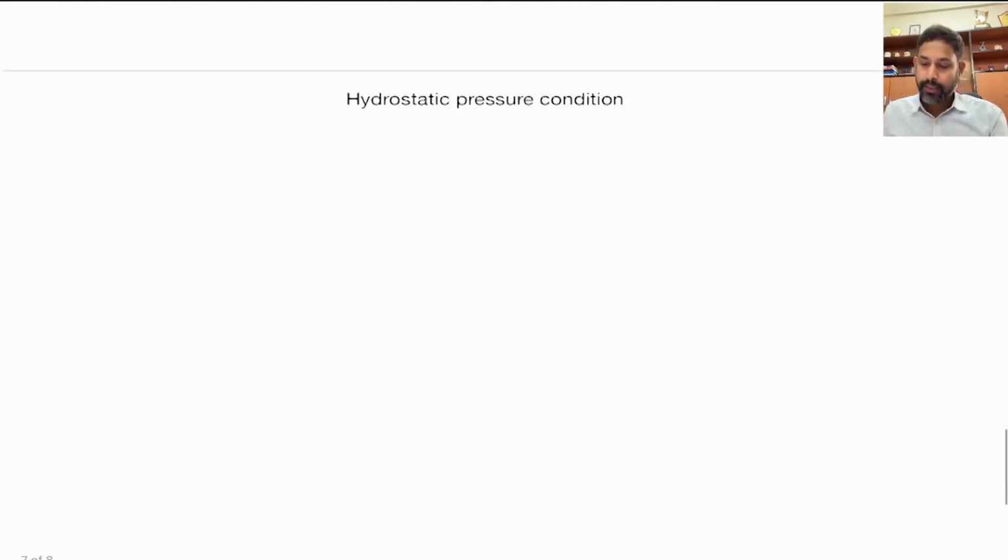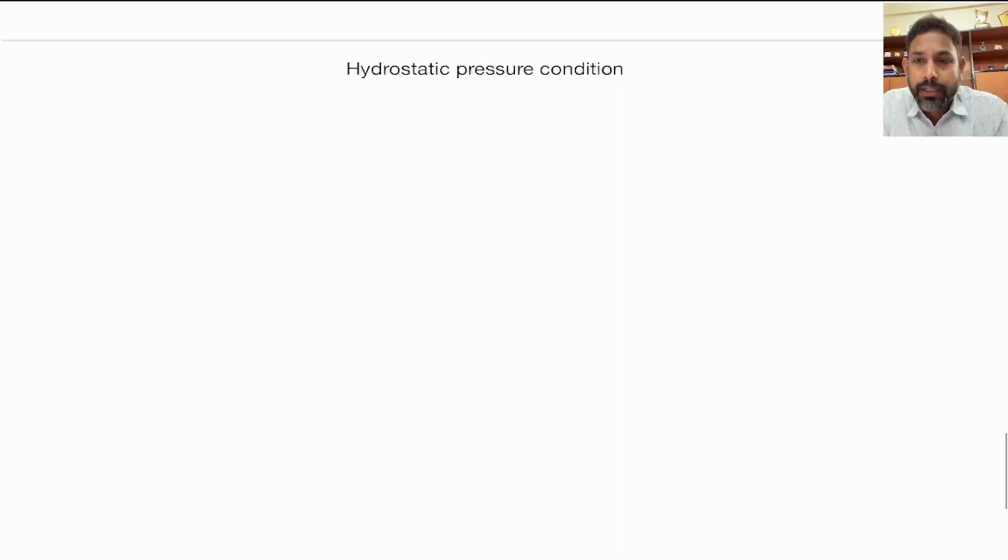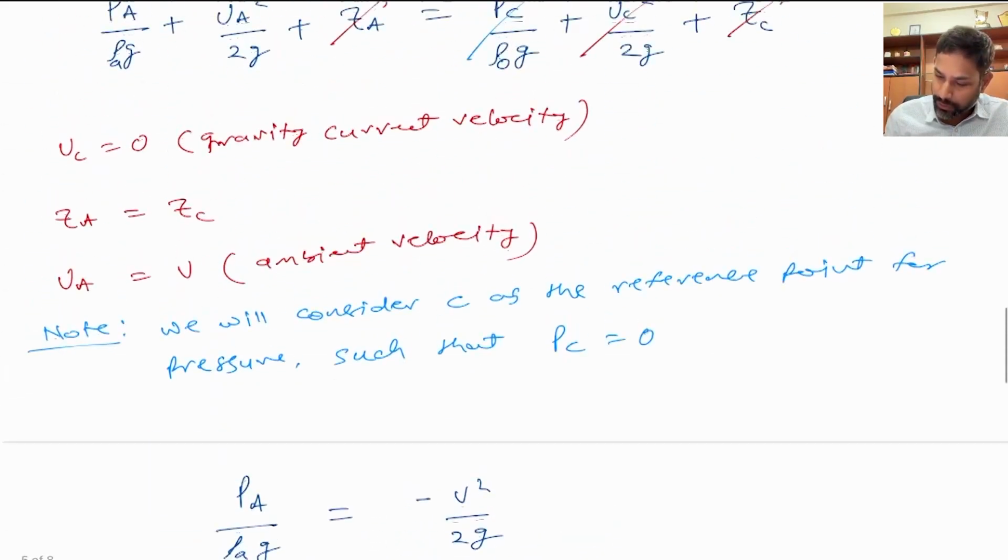Now the second condition is hydrostatic pressure condition, which we are going to use. Here we want to define pressure at a few points.